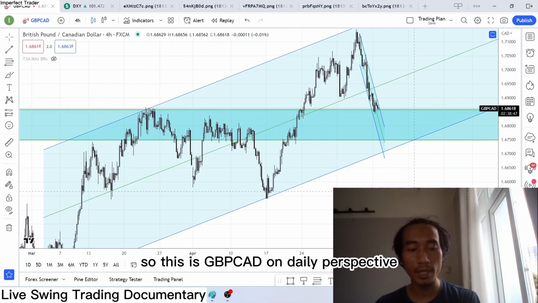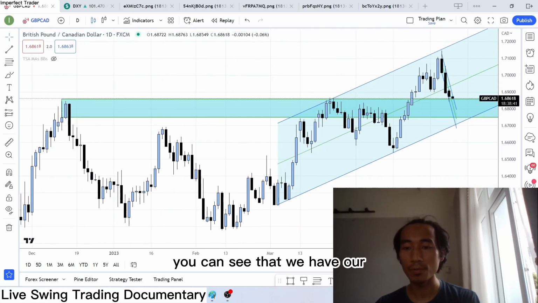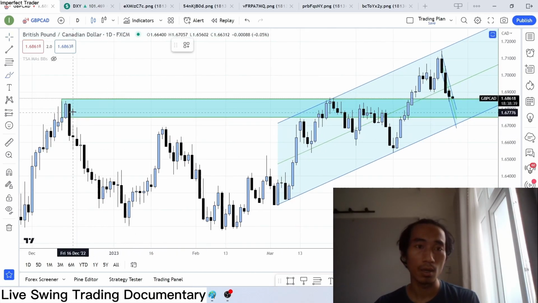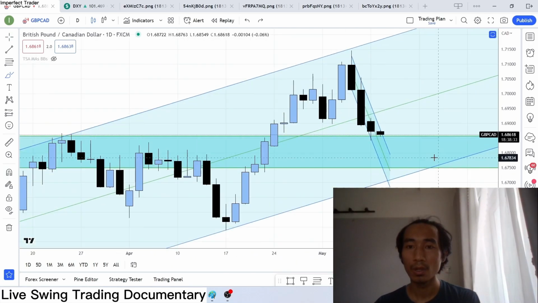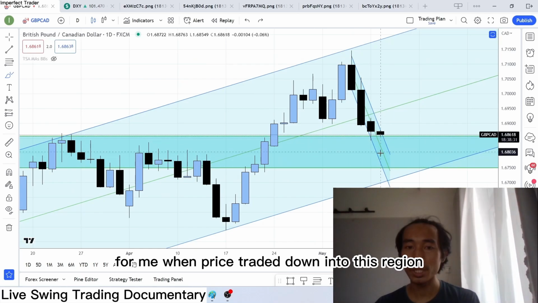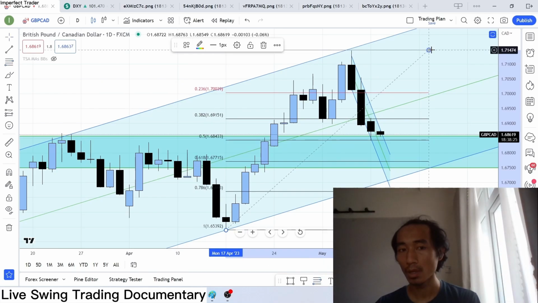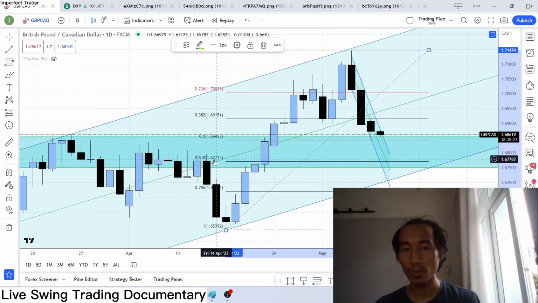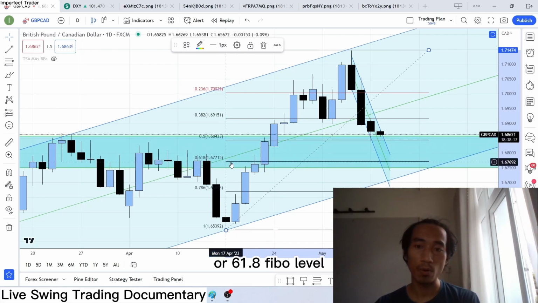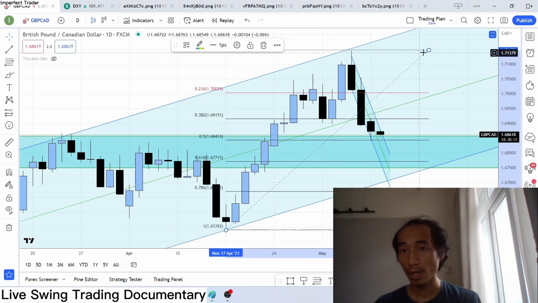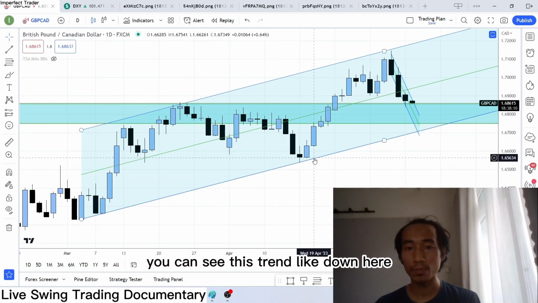So on GBP CAD on the daily perspective, you can see that we have a daily support right here, and for me, when price trades down into this region, that region is also a discount level of the equilibrium, or the 61.8 Fibonacci level, and you can see this trend line down here.